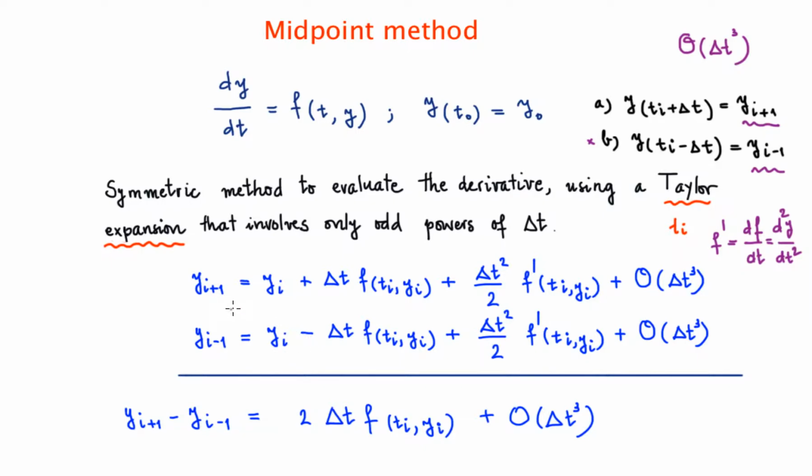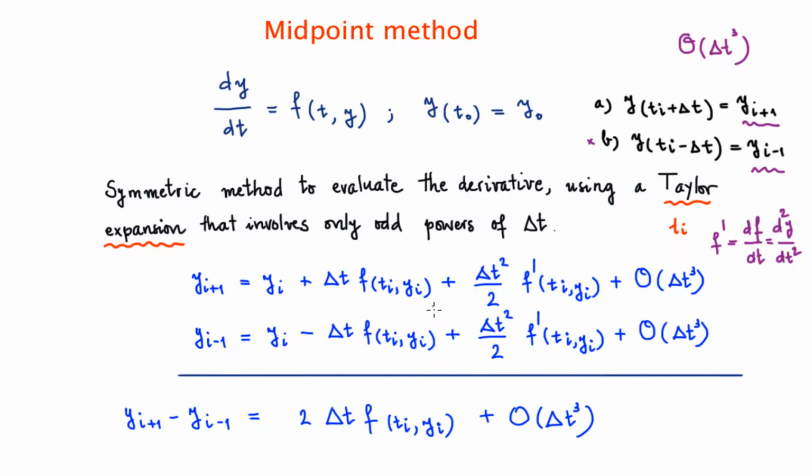That's the reason for having this negative term here. In the squared term delta t is also negative, but as it's squared, the sign is the same as the one above. So this is the expression for the Taylor expansion for the y function evaluated at time i minus 1.